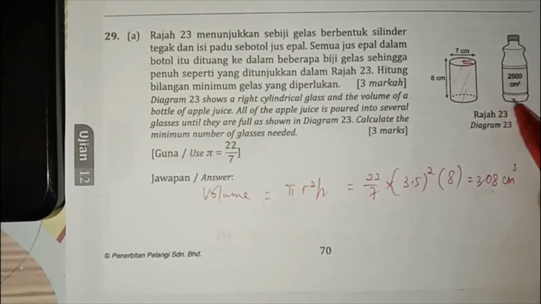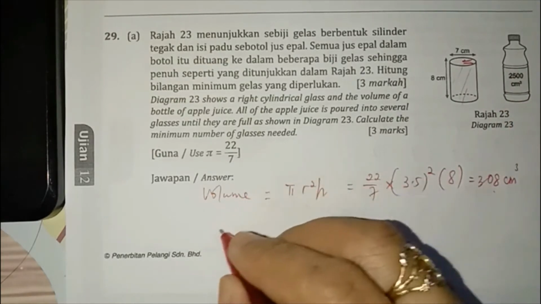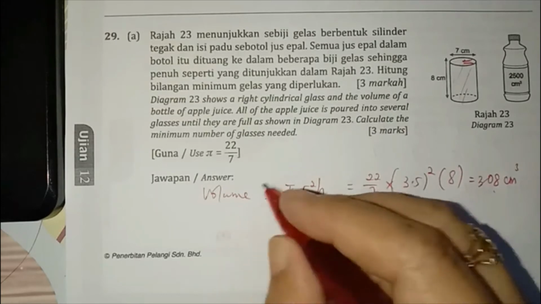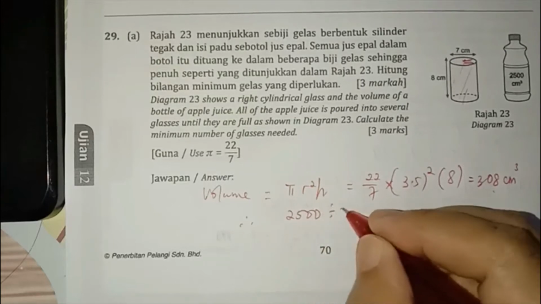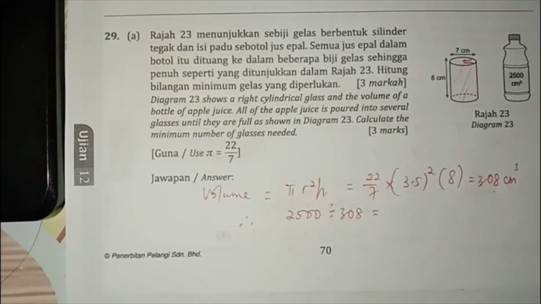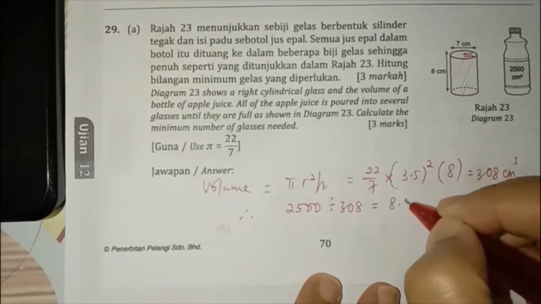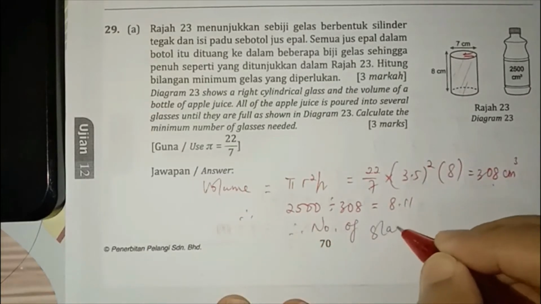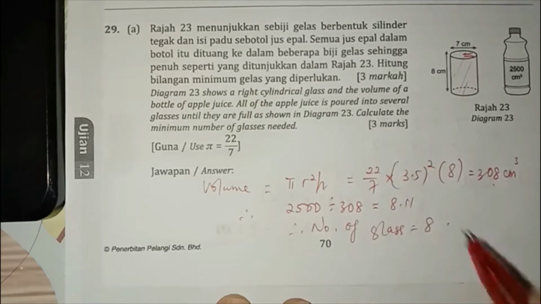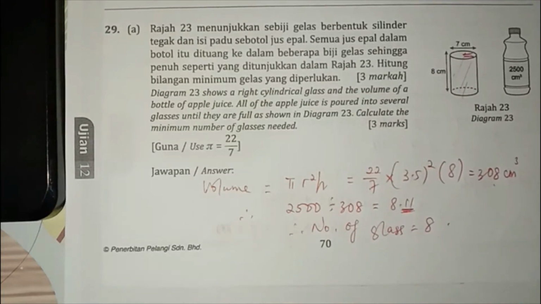So to pour all, meaning 2,500 divided by 308. So we get 8.11. So the number of glasses is 8. Ignore this, no need to take the point because it is only 8.